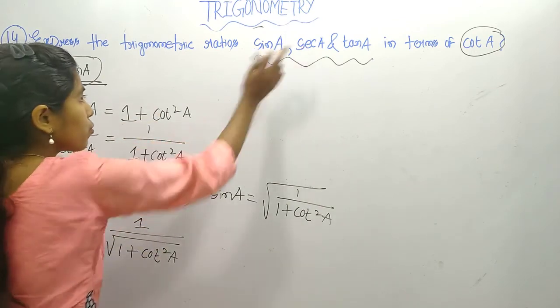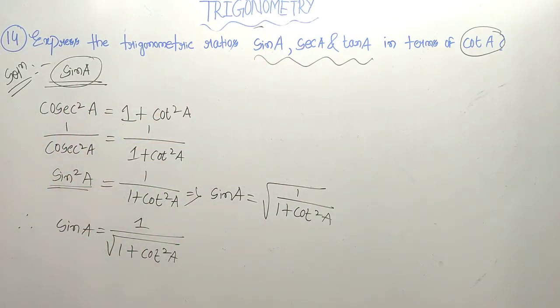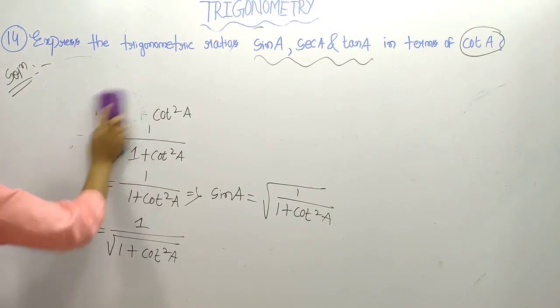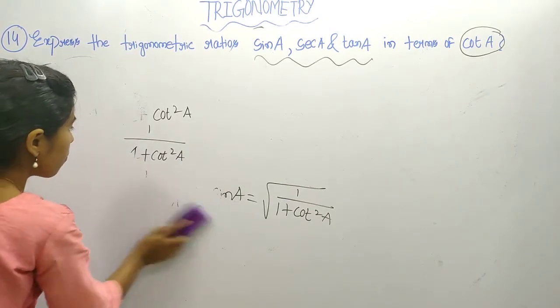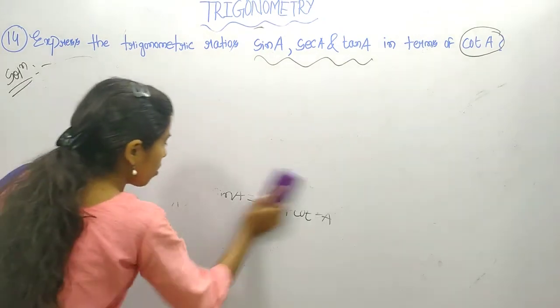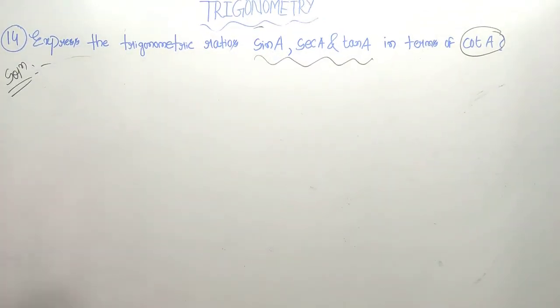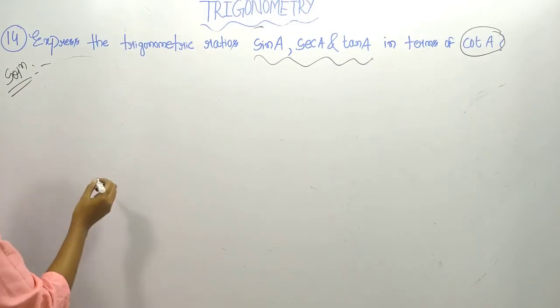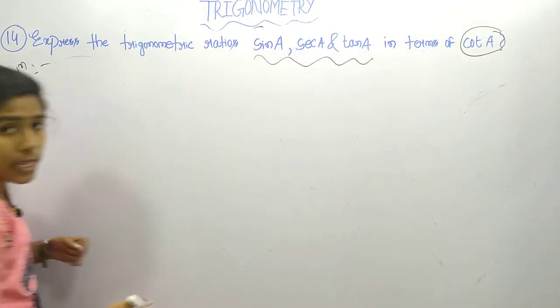Next we will move to sec A. So first you see tan A. Why am I saying tan A? You see, sec A and tan A are related to each other.